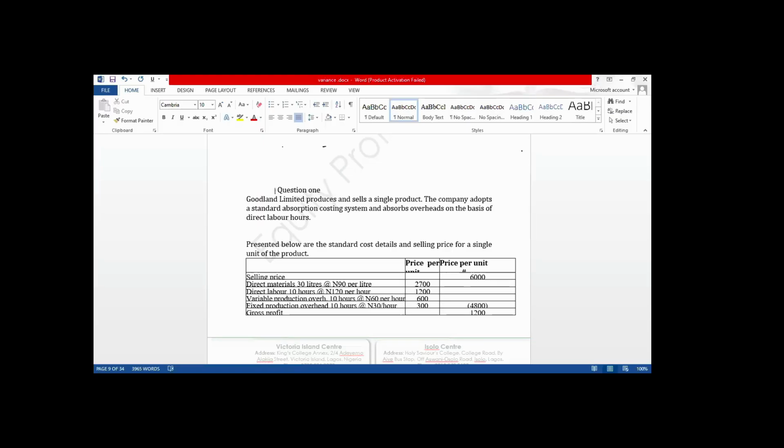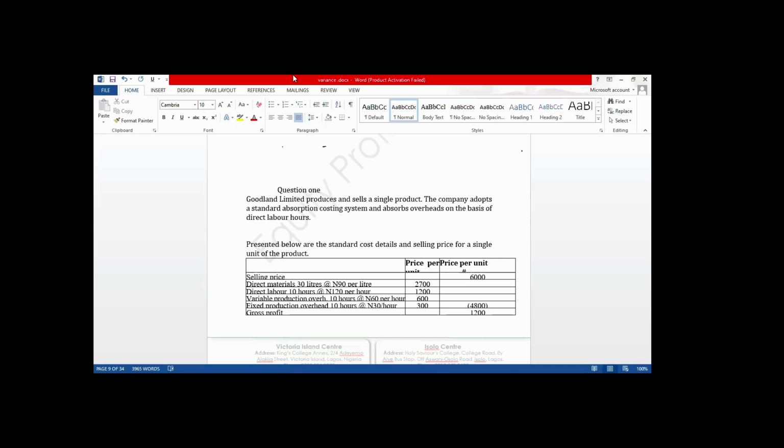Variable production overhead, 10 hours at 60 naira per hour. What that means is that to produce one, we require 10 hours of labor. Variable overhead is absorbed at the rate of 60 naira per hour. That 60 naira per hour is the variable overhead absorption rate, the rate at which variable overhead is absorbed per labor hour.